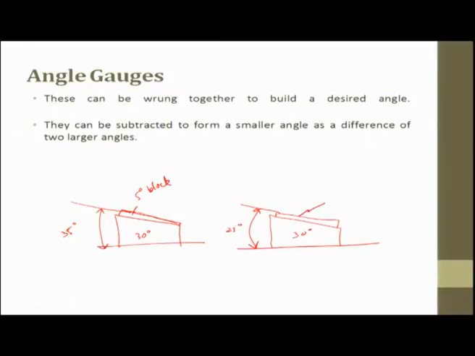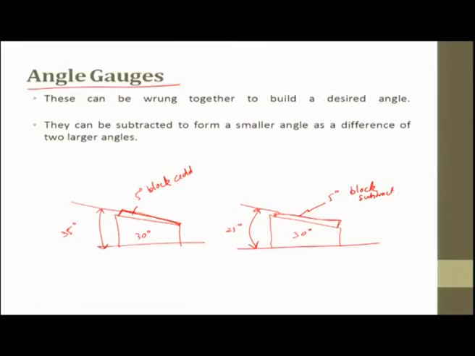So, this is also a 5-degree block. Here you see this is thicker and here it is thinner. So, this is addition. Here it is thinner and here you move thicker, it is subtraction. So, you can add blocks, you can subtract the angle block from the base angle, and then generate different angles for measurement.